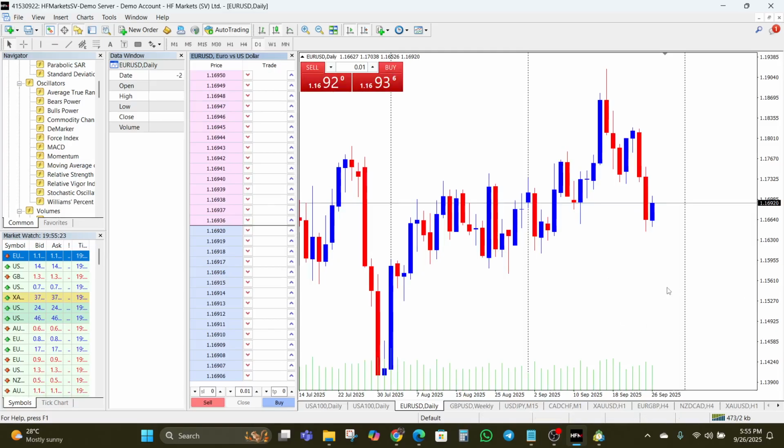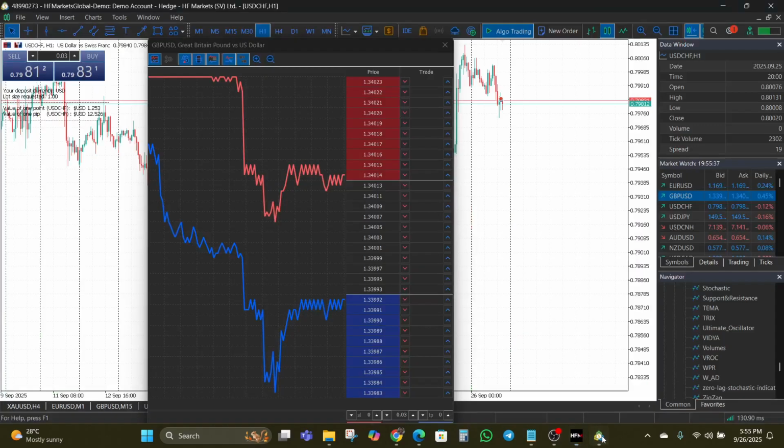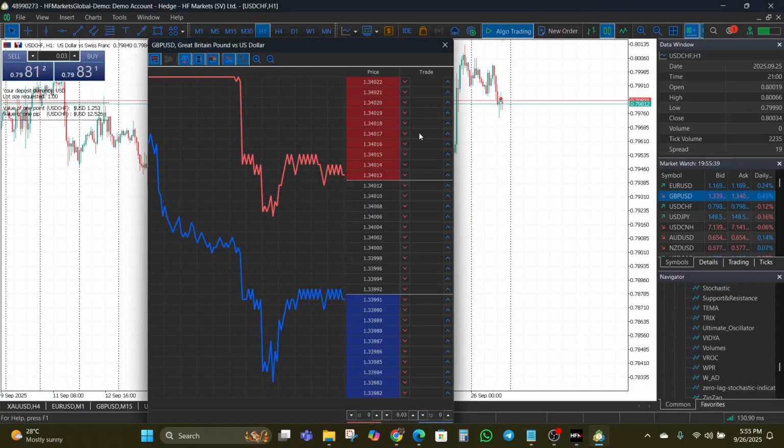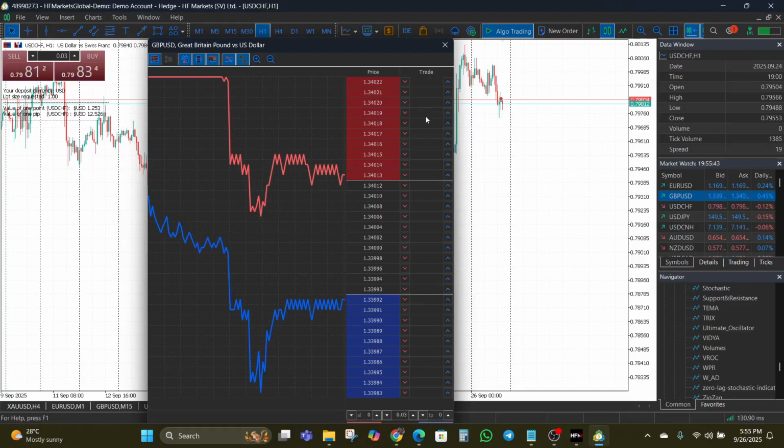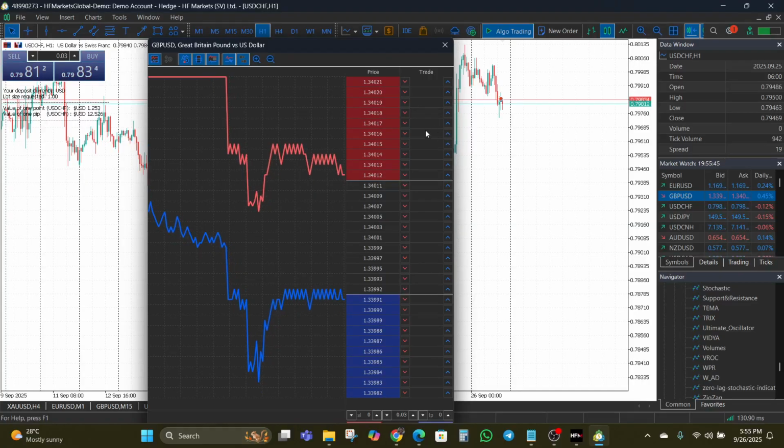When you open the DOM, you should see two main columns. Now, the buy orders or the bids are orders that traders are willing to buy at a specific price.